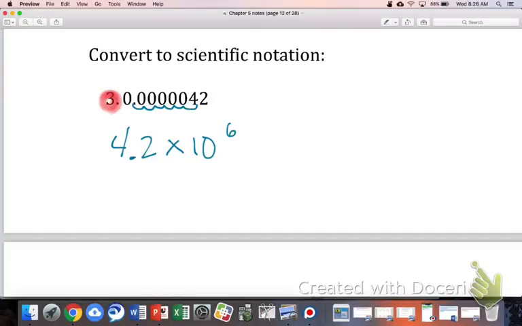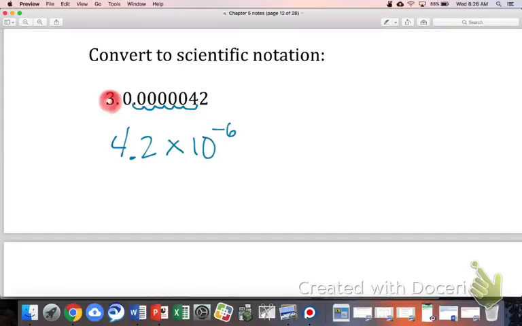Now we have to decide, is that a positive 6 or a negative 6? Here's how I like to answer that. I look at the original standard form number and ask myself, is that a really big number or a really small number? It's very small, so the 10 power needs to go down to being a negative. It needs to drop down, get smaller. So negative 6.